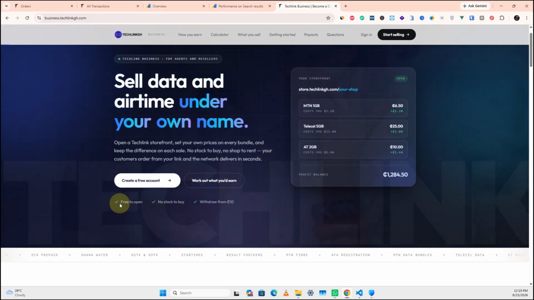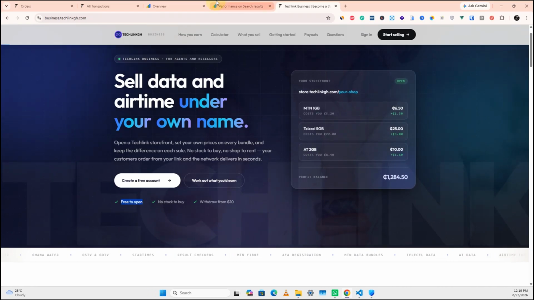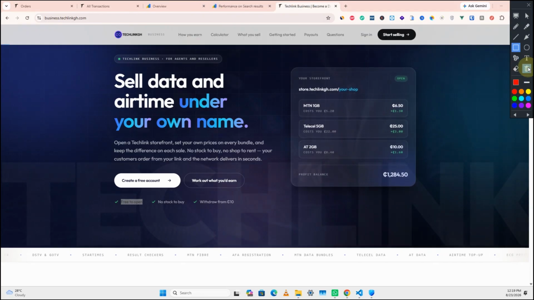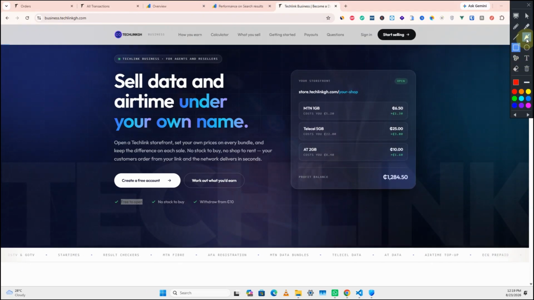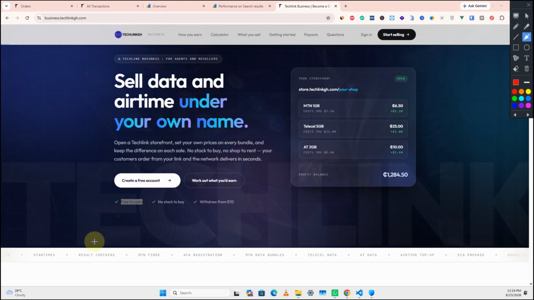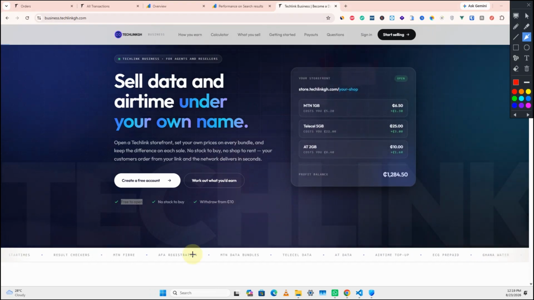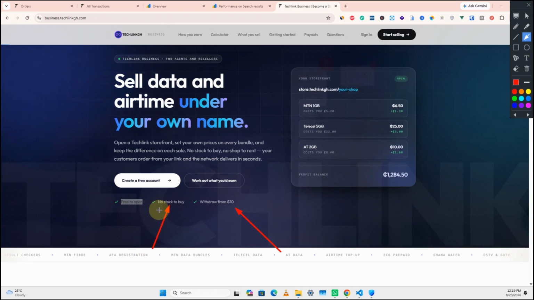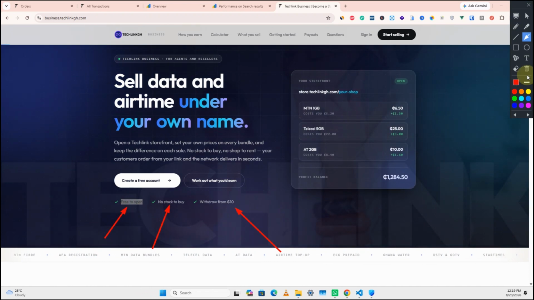The shop is basically free to open. There is no cost and there are no terms and conditions. The only condition is that you can withdraw from 10 cedis and above, but there is no stock and it is free to open. That is how it works.